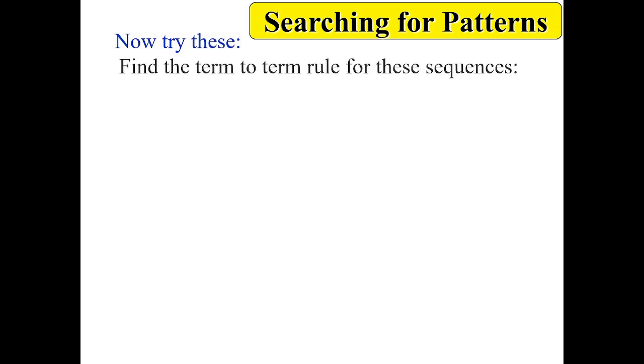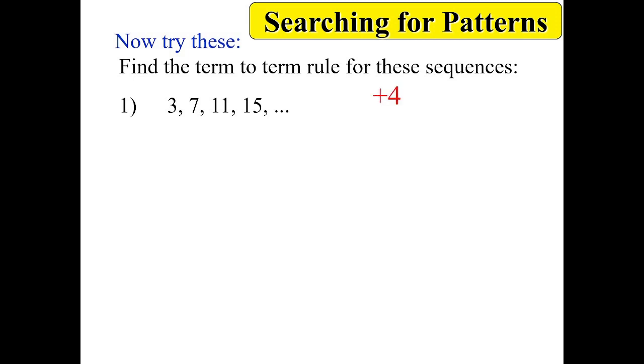Let's try these. Let's find the term-to-term rule or simply the pattern for these sequences. Number 1: 3, 7, 11, 15. What do you think is the term-to-term rule? A while ago with our example, it's plus 3. That's what you call the term-to-term rule or the pattern. Now for this number 1 item here, what is the term-to-term rule?